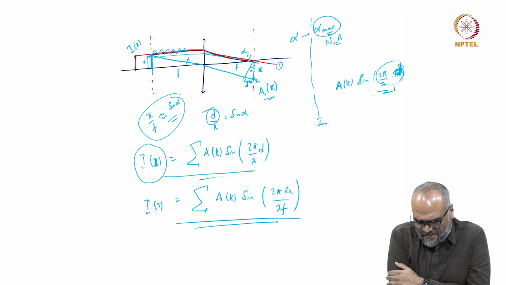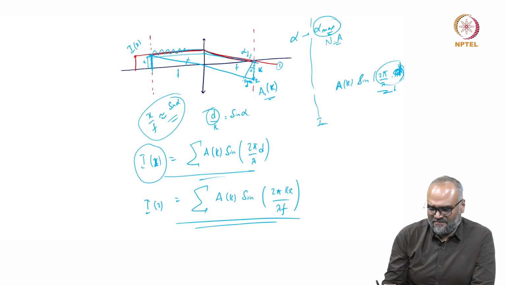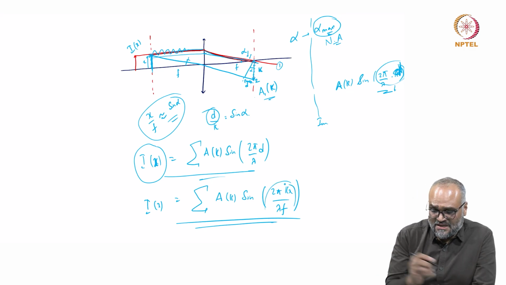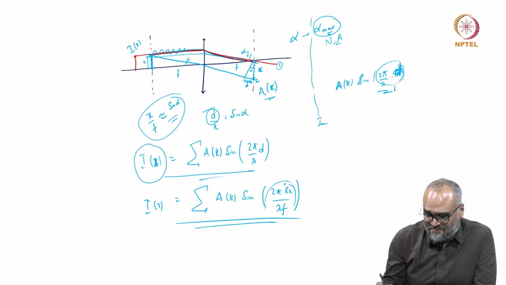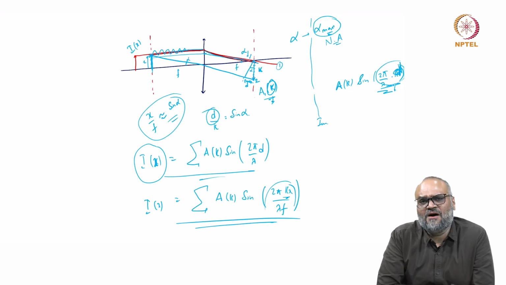Now, if I look at this in a continuous form and I integrate it over all the frequencies here, so this particular k corresponds to the frequency in this kind of a sinusoidal waveform I write.